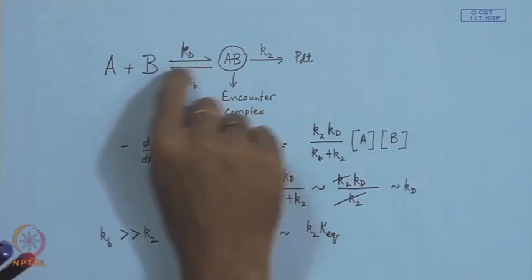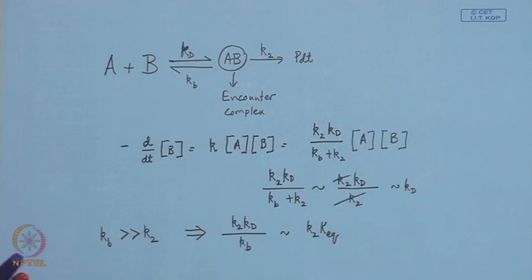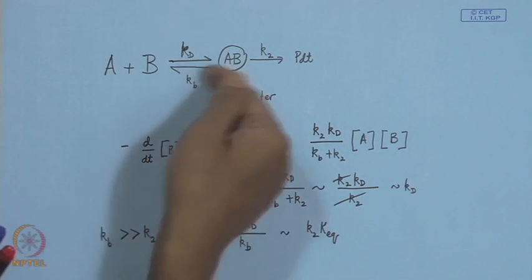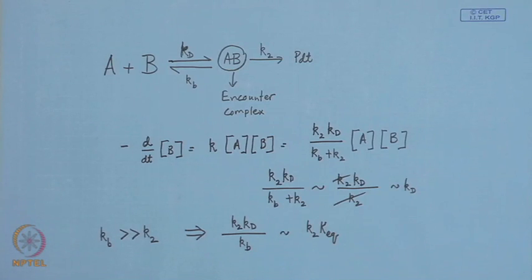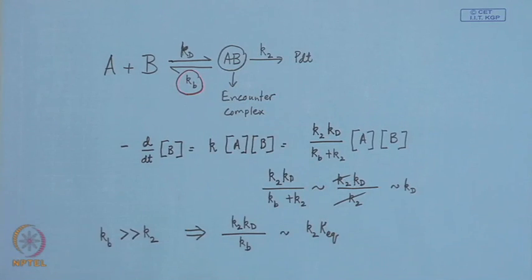So, these two consecutive steps, Kd and K2, are occurring very fast compared to the back reaction, that is the Kb step, and under that situation you can call this reaction diffusion limited.